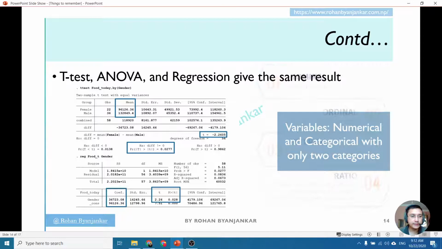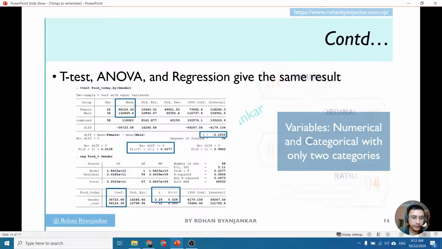Similarly, t-test, ANOVA, and regression give the same result, and here I have taken the t-test and the regression. The t-test mean value for female is 96126.36, while the male value is 132,849.4, and the t value is minus 2.2605. Let's check the t value in the regression below.